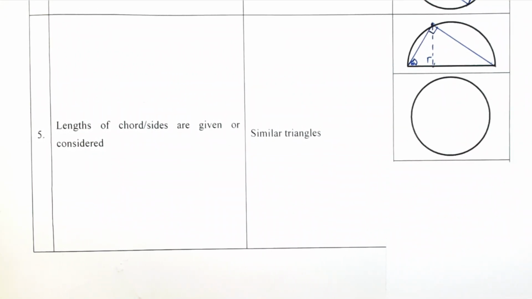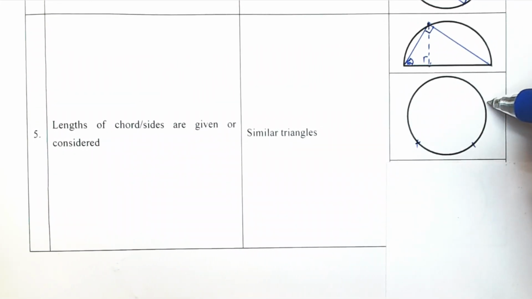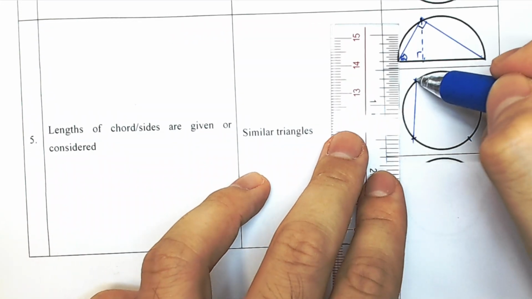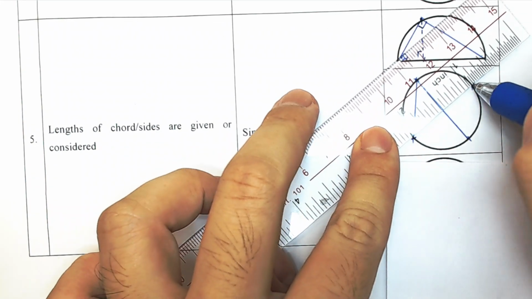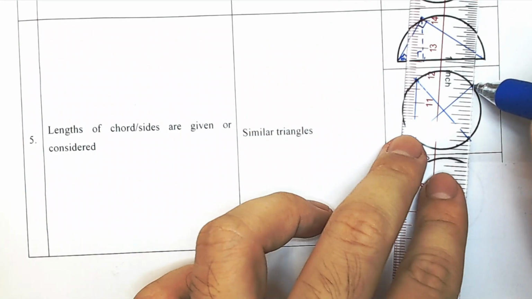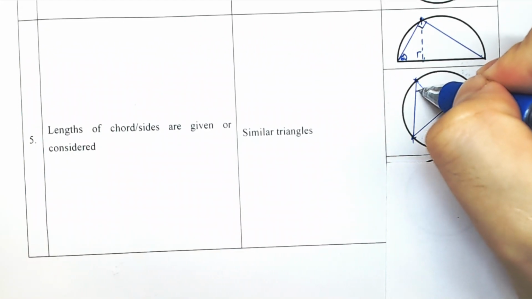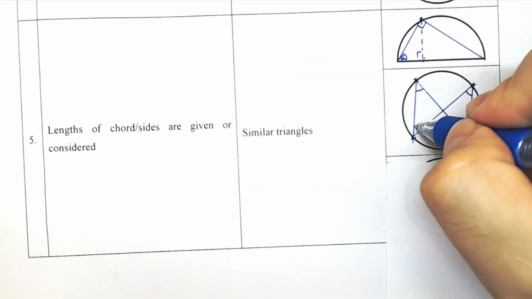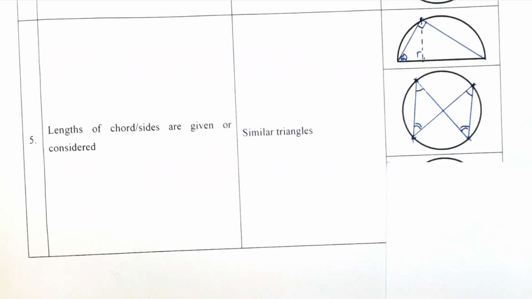Number 2, since we have the angle in the same segment, 4 points, if we draw something like this, the angles in the same segment tell us that these two angles are equal. And also, these two angles are equal as well.